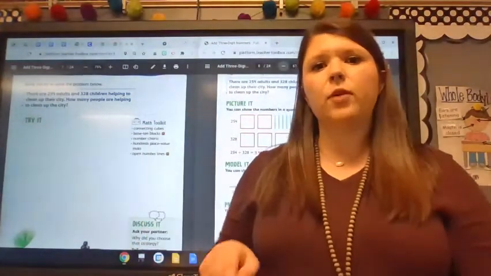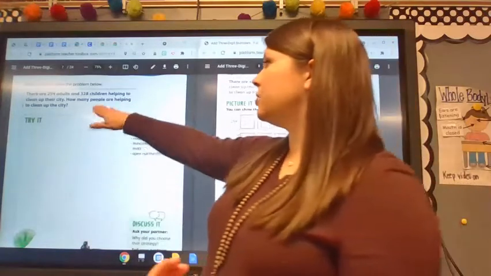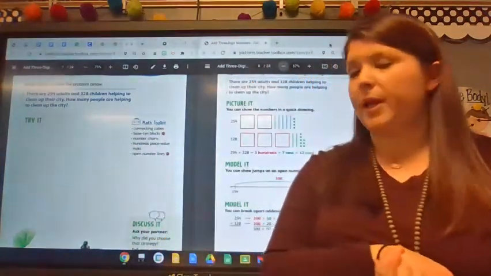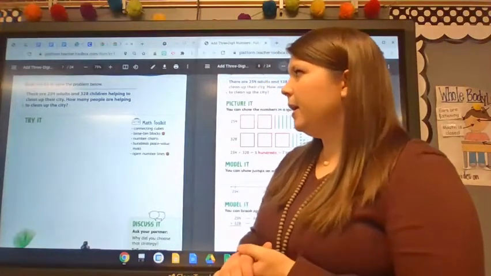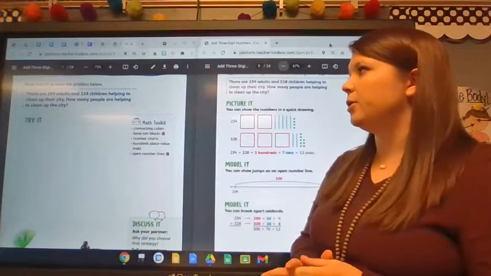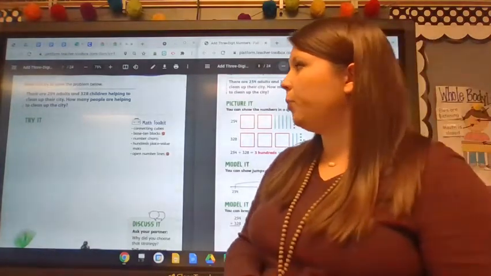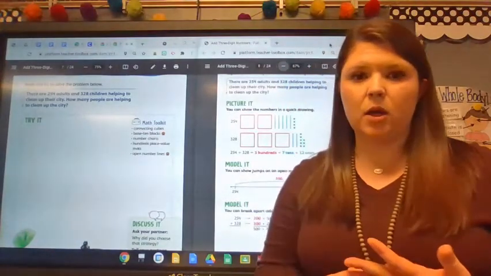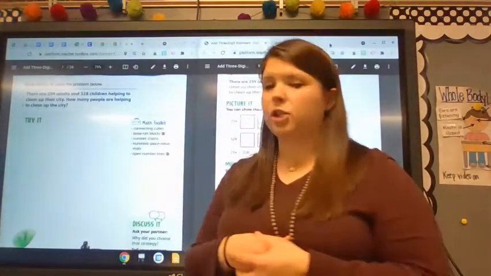Now let's go back and reread and see what information they give us to help us answer the question, how many people are helping to clean up the city, okay? Ready, read. There are 254 adults and 328 children helping to clean up their city. How many people are helping to clean up the city? What information is important to helping us answer the question?